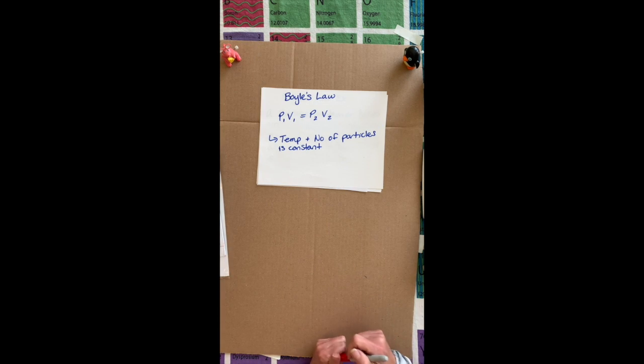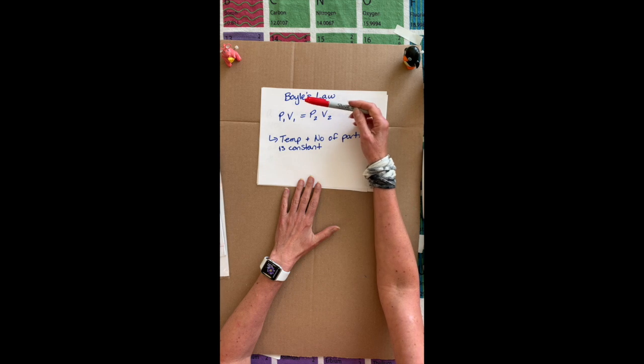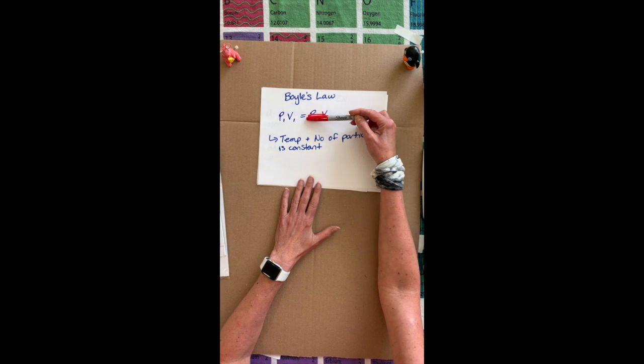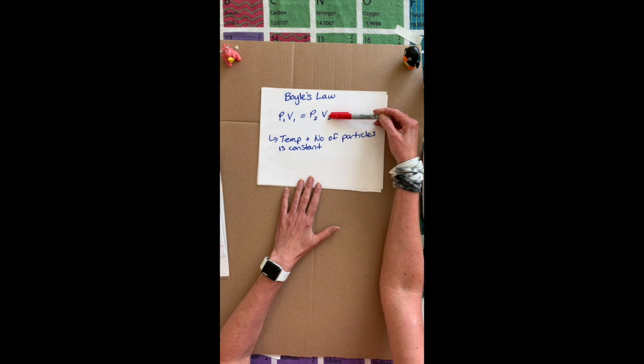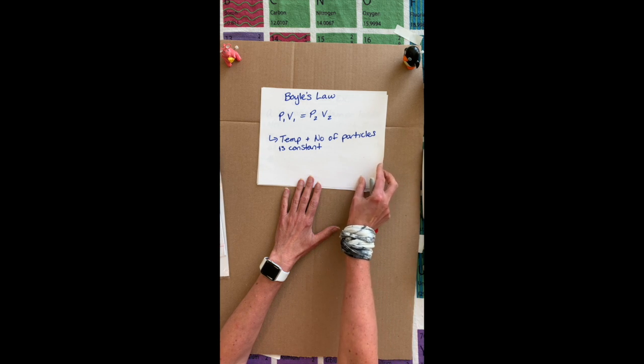Okay, so let's move on to another gas law, and that is Boyle's law. In this case, we're comparing pressure to volume. So the initial pressure times volume will equal the final pressure times volume. As a reminder, we do not see temperature and number of particles in this equation, therefore we assume they are constant.